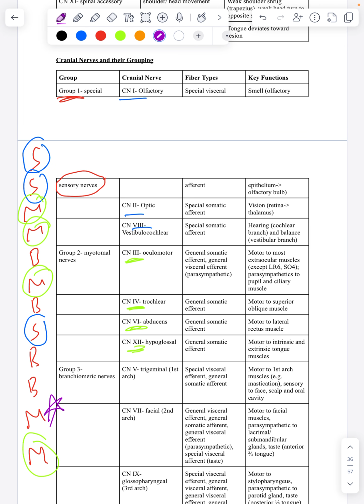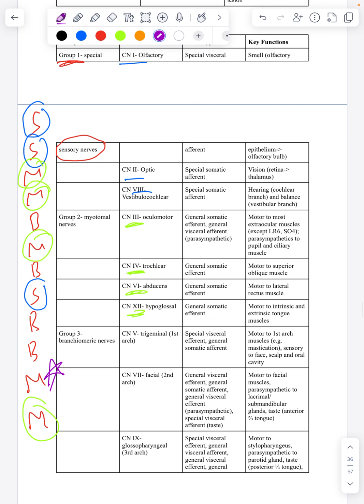Because remember how it hitches a ride and does some stuff with cranial nerve 10? So now your branchiomeric, remember, B for both, B for M, and then S for sensory. Sorry if that was confusing.